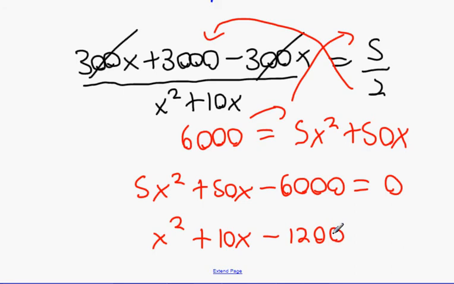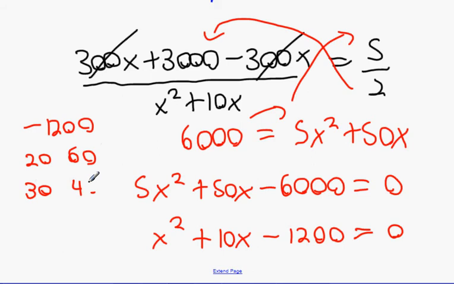Now, 1,200 is a big number, but I think I found out what it is. You could have 20 and 60. You could have 30 and 40. 30 and 40 is a good one because we can have plus 40 and minus 30.